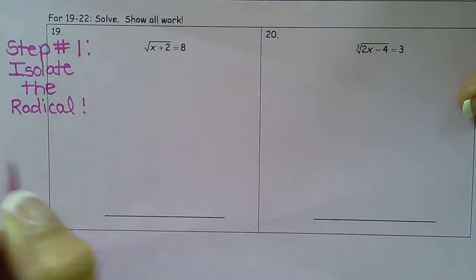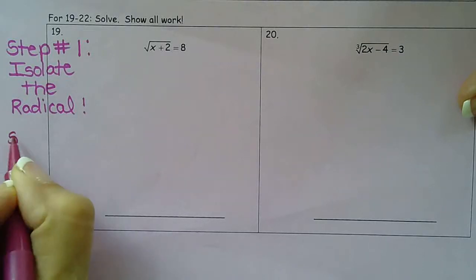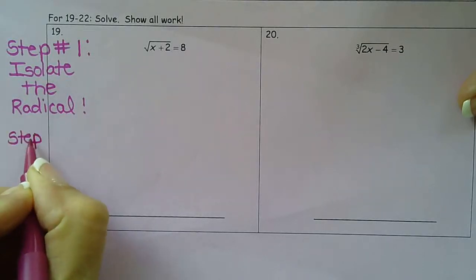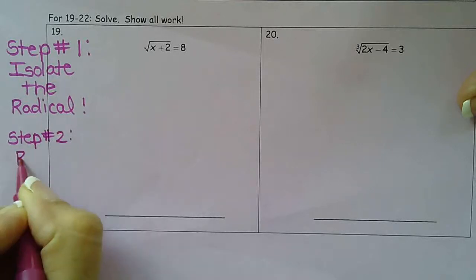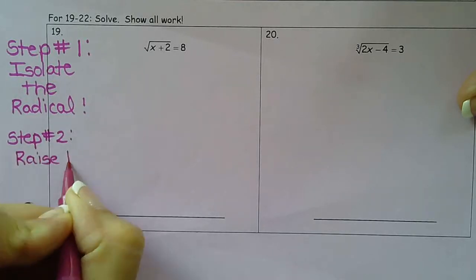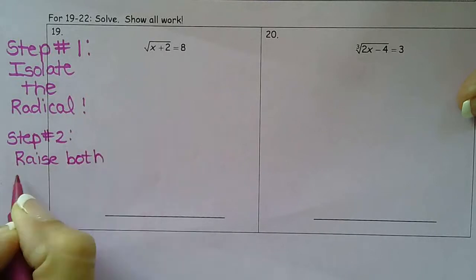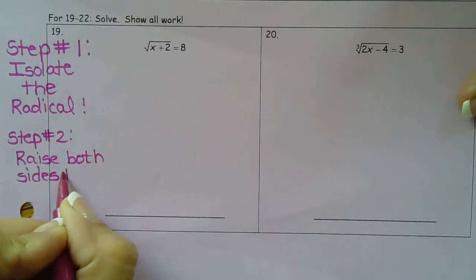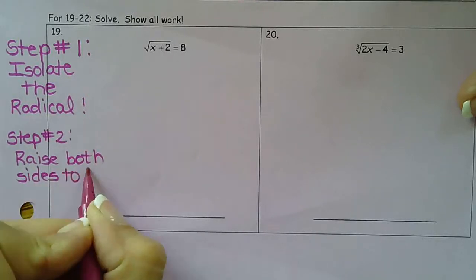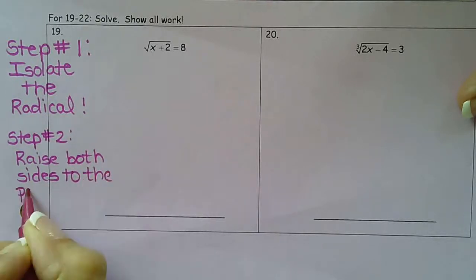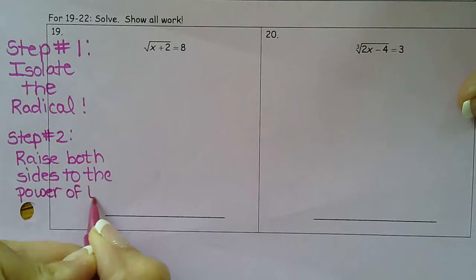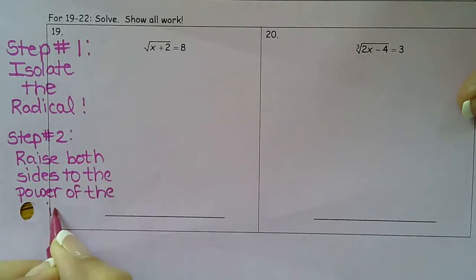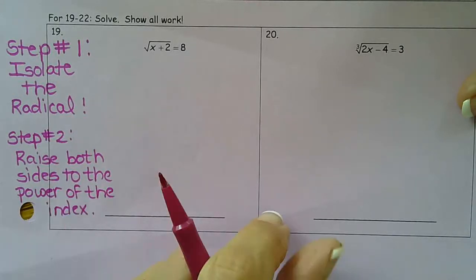So step 2 was raise both sides to the power of the index. So I look at my index.